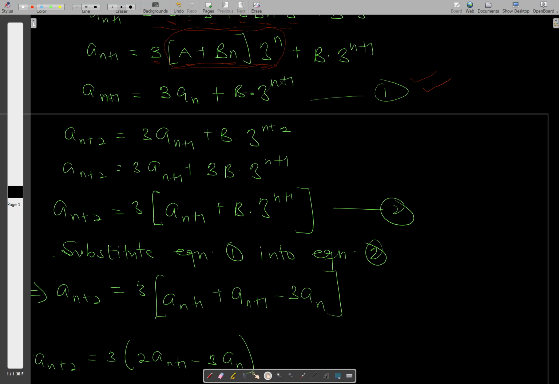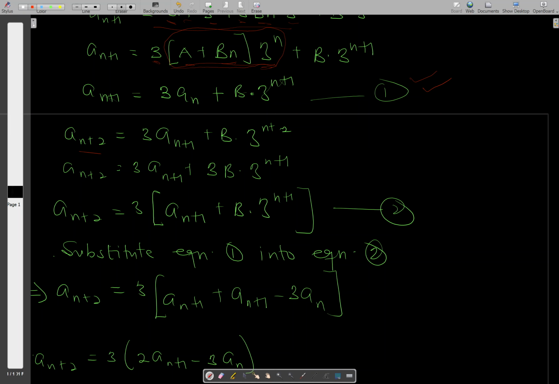And how do we do that? We need to find the next term of the recurrence relation. So we find a subscript n+2. Just like a subscript n+1, where we replace n by n+1, the same thing applies to a subscript n+2. You can even replace it in equation 1. A subscript n+2 is just moving one step, like adding 1 to n+1.